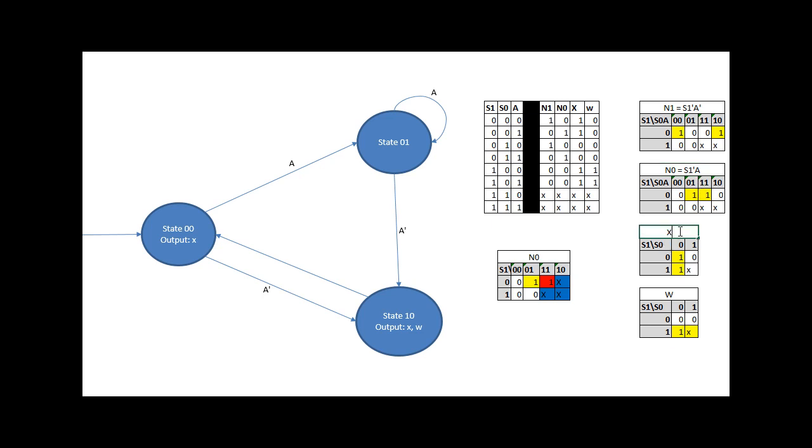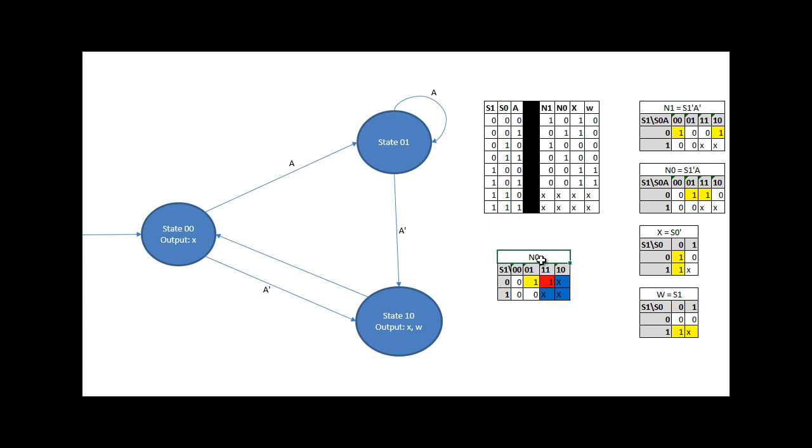For x, I'm gonna essentially do the same thing. As you see, S1 is changing from 0 to 1, but S0 not is not changing. So S0 not is going to be equal to x. And for w, I have S1 not changing from this step to this step. So S1 is gonna be the answer for my w.